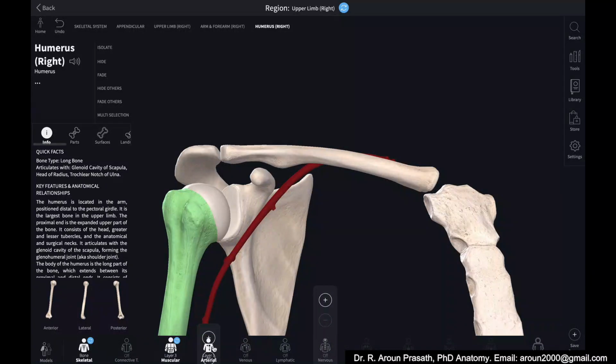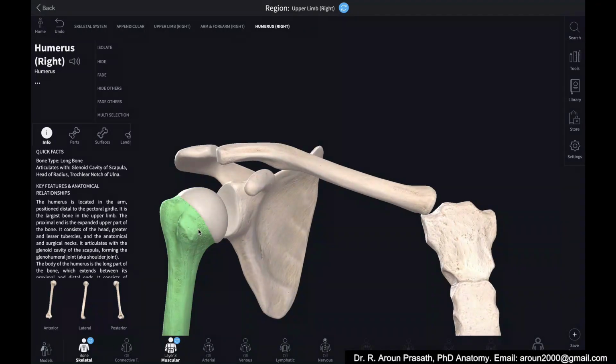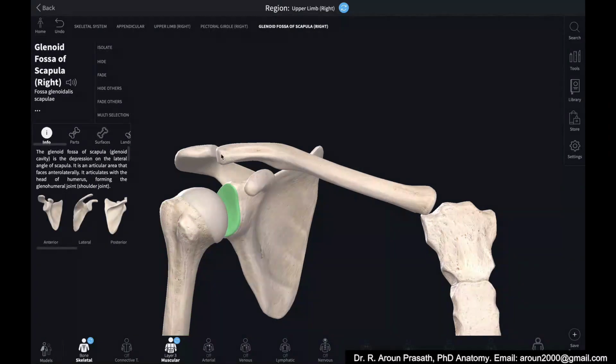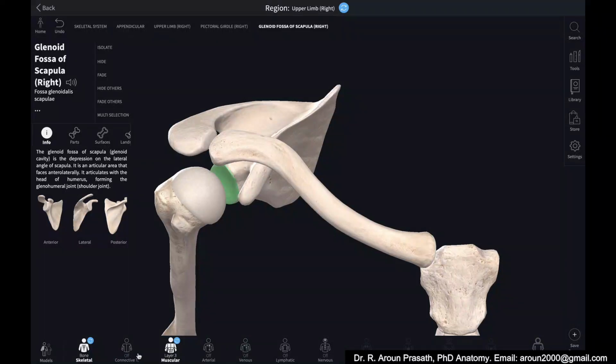For example, when you fall with an outstretched hand and support yourself, the humerus hits the glenoid fossa of the scapula, then the scapula transmits the weight through the acromion process towards the clavicle, and thereby the weight is transferred to the midline of the body. That is why fracture of the clavicle is common when there is a fall with an outstretched hand.